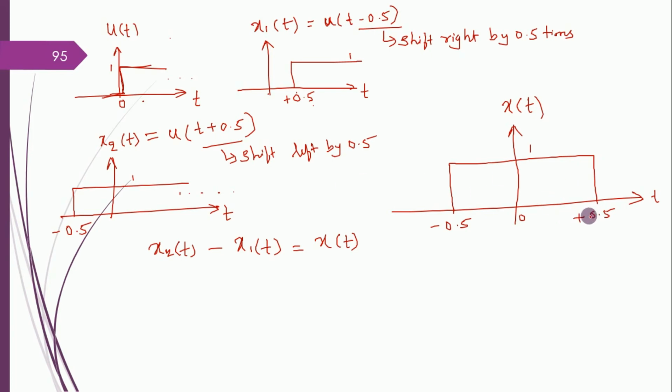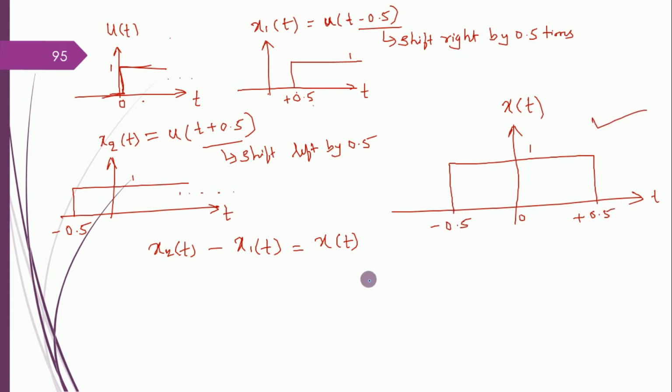From plus 0.5, there is one more signal generated, x1 of t, with amplitude 1. When you subtract x1 of t, from plus 0.5 onwards the amplitudes cancel. Hence it results in a rectangular pulse.